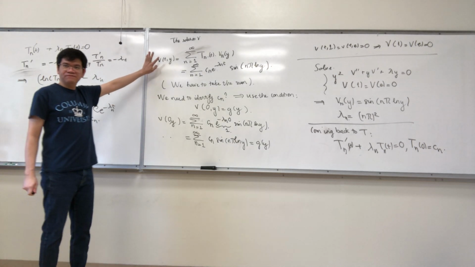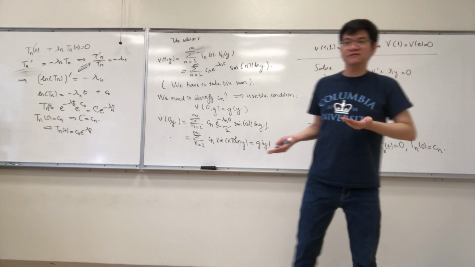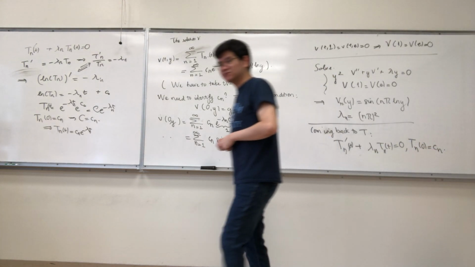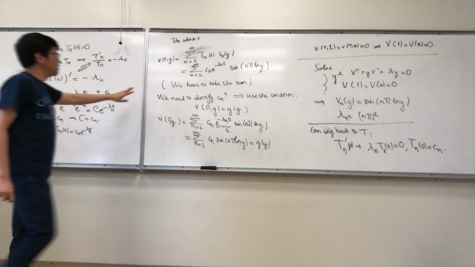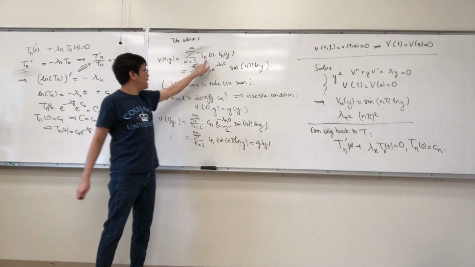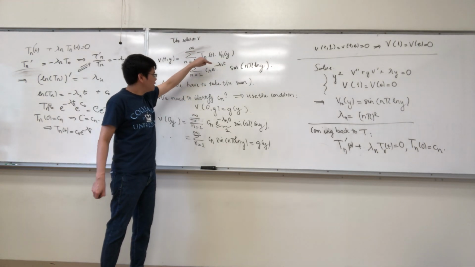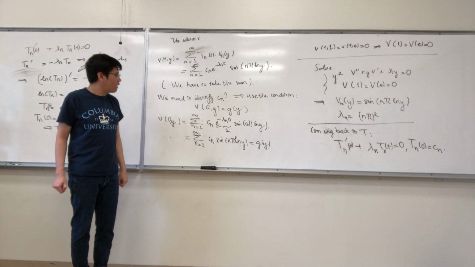I explain again. After you found Vn and Tn, you have to take the sum of all of them, right? So this is what we did in the previous case as well. When you have all of the eigenvalues and all of the eigenfunctions, you have to take a sum with some constants, right? So V will be the sum of Tn and Vn because each of them is a solution of the equation. So you have Cn e to the power minus lambda n t, and here you have sine of n pi y.